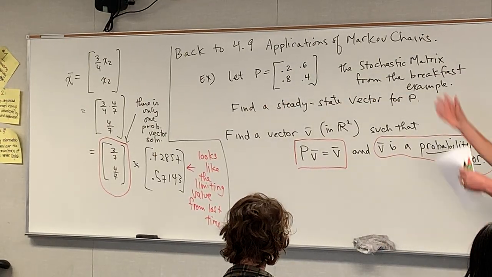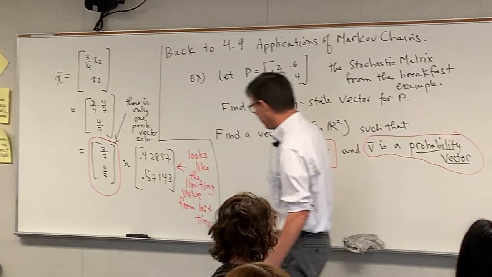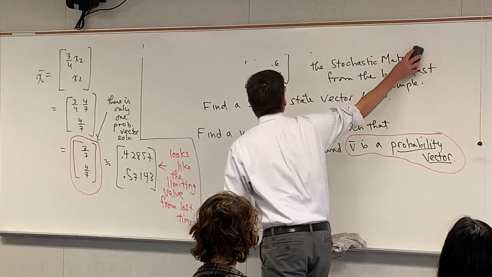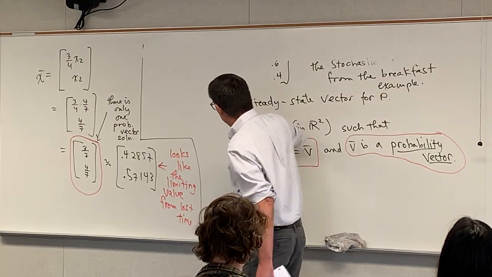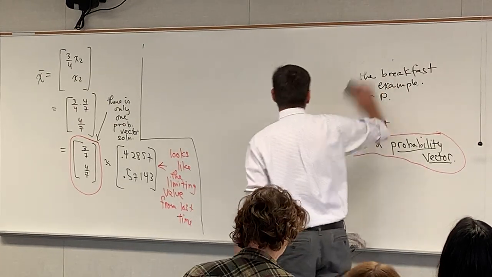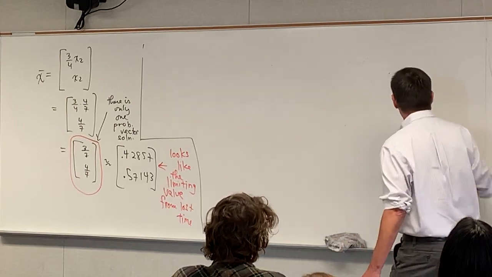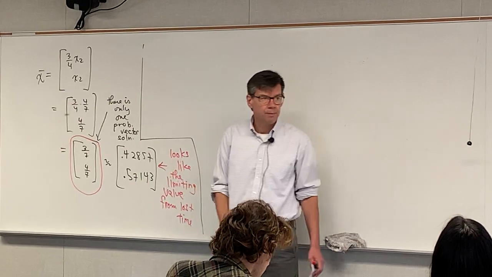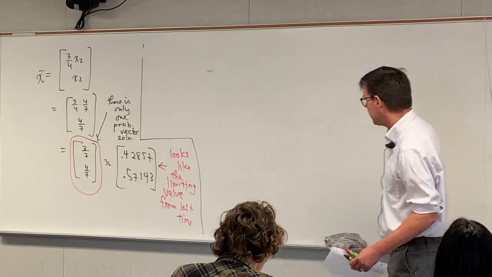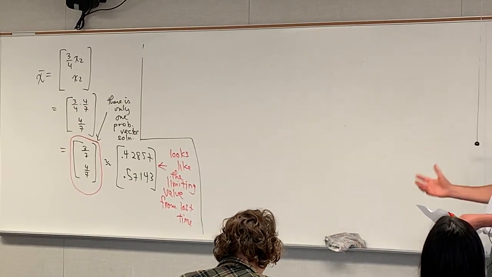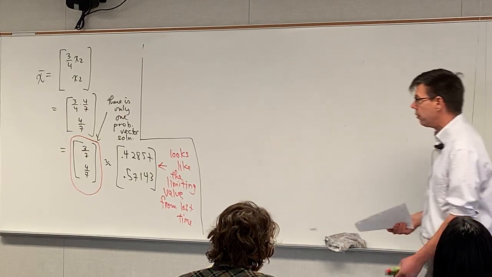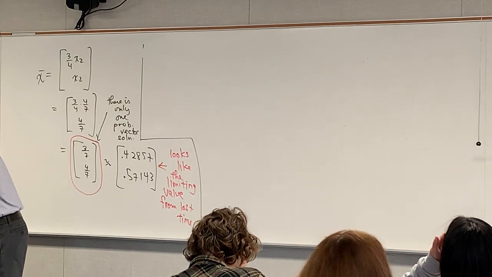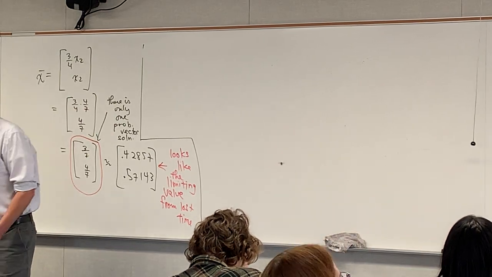When you guys finally helped me get things organized on Friday, we looked at two different starting situations, two different initial states, and they both approached this same final result, which is one interpretation of what this steady state vector means. It's what we would approach no matter what the initial condition was. All right. Okay.